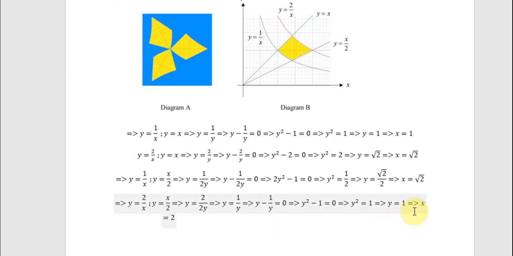So after we calculate everything, now we can see that 1 over s is below s over 2 in here, so we find the integral from this area to the square root of 2.